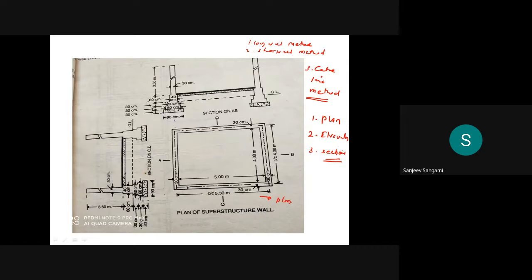In this plan, you can see this is one section along AB, and this is one section along CD. Then this is the section given along CD, and this is the section along AB.